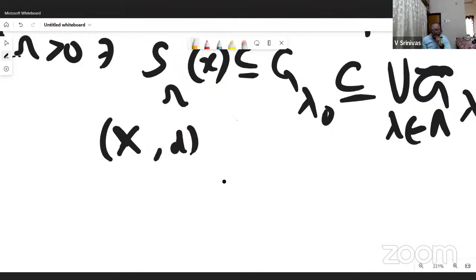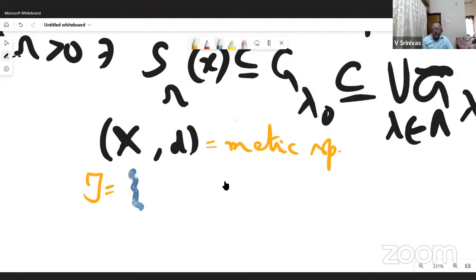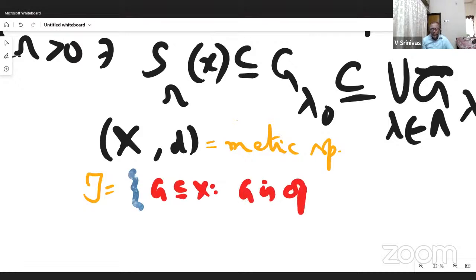So we started with the metric space X comma D. This is a metric space. And then we collected tau to be the set of all G contained in capital X, such that G is open with respect to this metric.